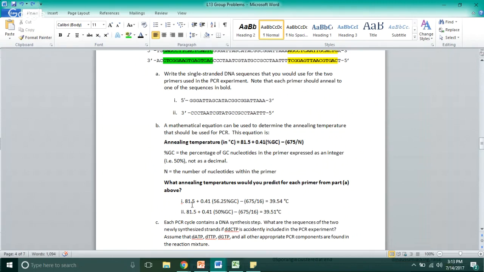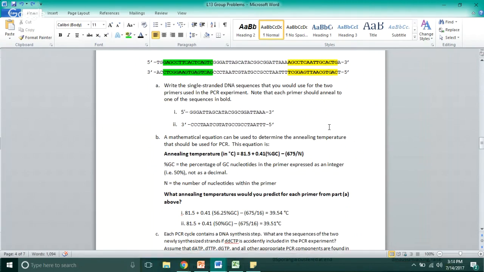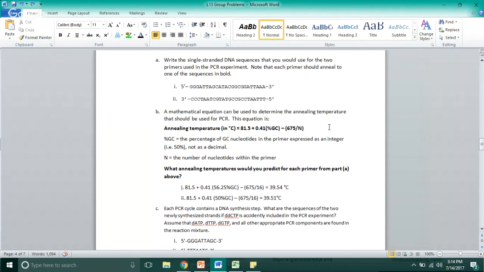You plug that into your calculator, and you get 39.54 degrees Celsius for the green primer. You go through the same process: there are 16 nucleotides again in the yellow primer, but there are only 8 GC, so it's 50%. You plug it all into your calculator again, and you get 39.51 degrees Celsius.